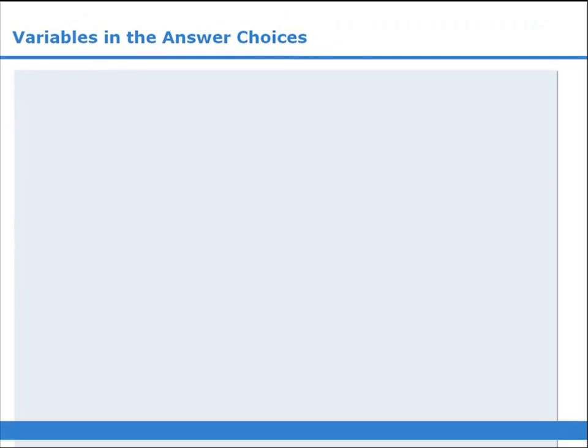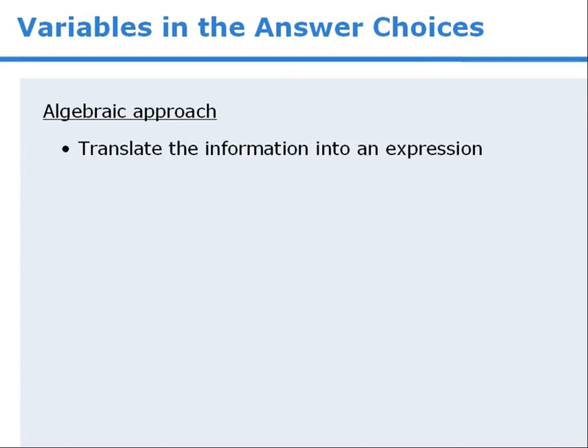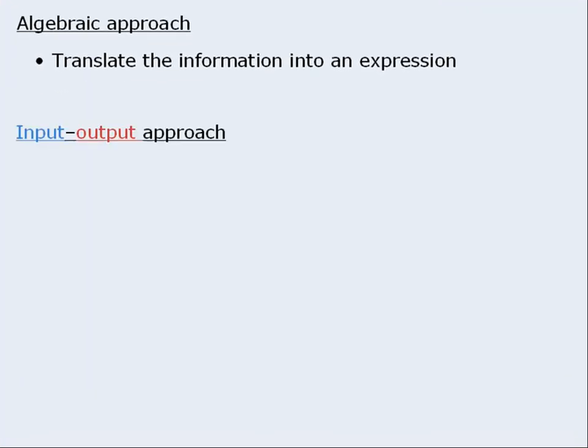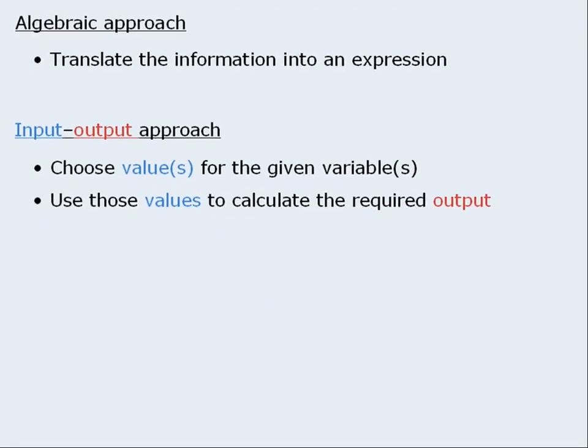Alright, let's summarize. In this lesson, we learned 2 approaches for handling questions with variables in the answer choices. One strategy is to take an algebraic approach where we directly translate the given information into an expression. The other strategy is the input-output approach. In this strategy, we first choose values for the given variables, then we use those values to calculate the required output.